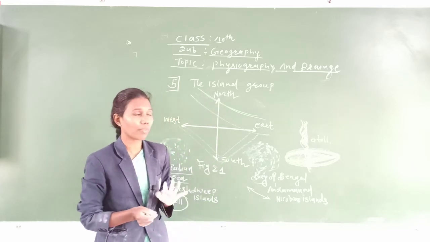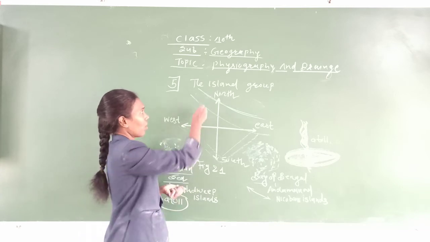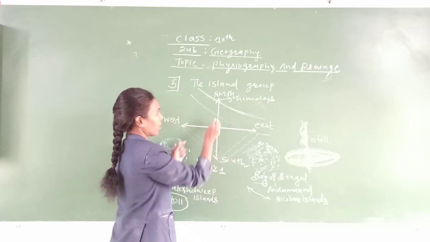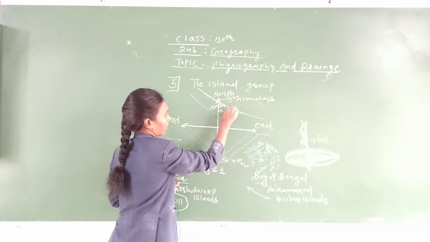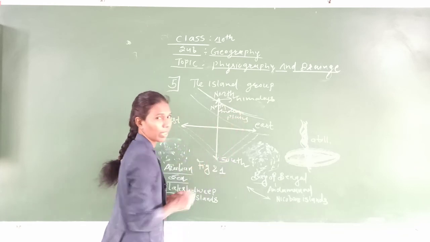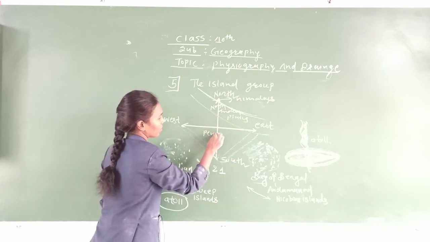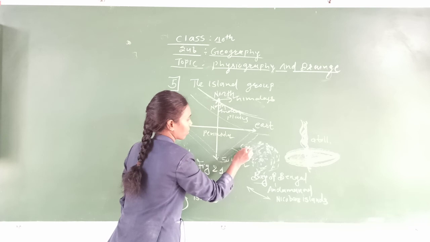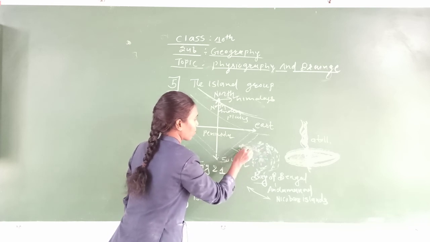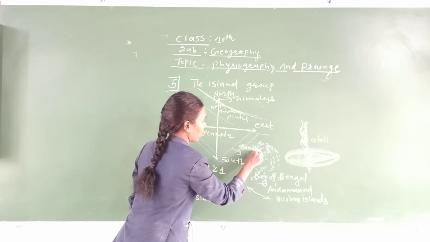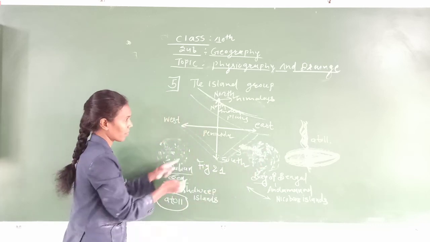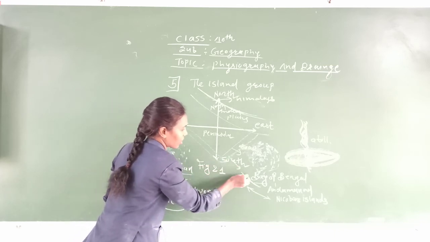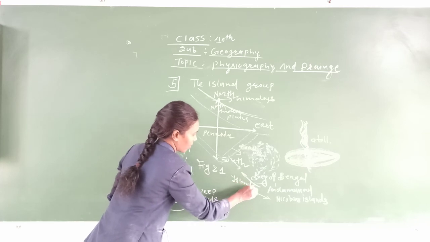When we conclude our topic, first we learned the Himalaya, second the North Indian Plains, third the peninsula, fourth the coastal plain, and last this portion, which is known as the island.